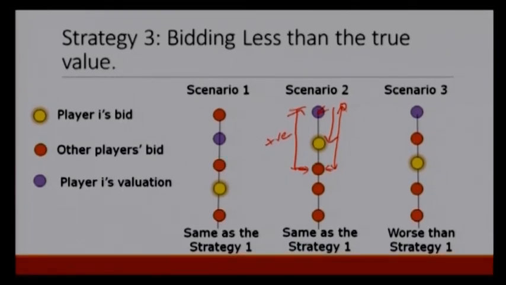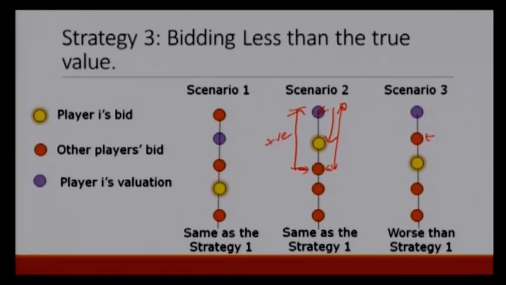Let us look at scenario 3, in which player I's valuation is more than all other bids, but he is bidding less than his true value, and in this particular case what happens? He bids less than someone else. So, in this case he loses, because here is the highest bid and it does not belong to player I, and he gets 0.